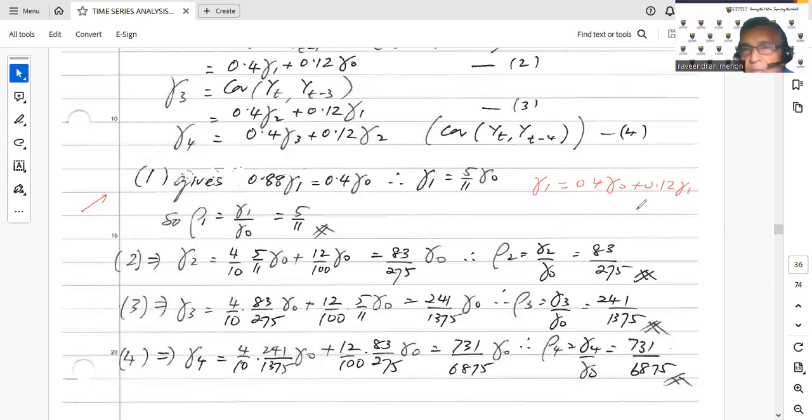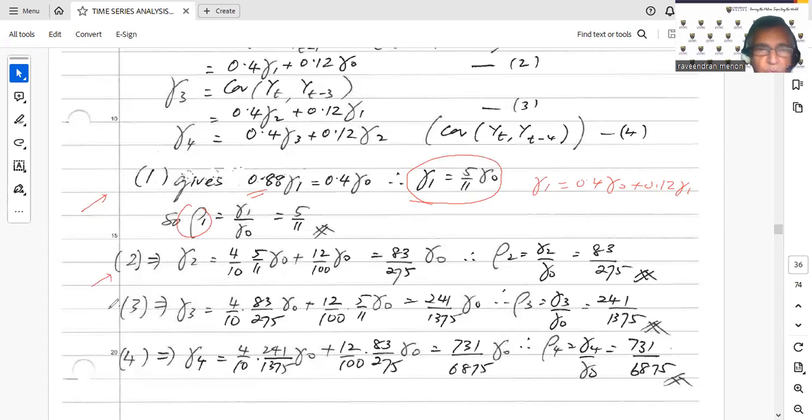I'm looking at my answer in my hand. You can clean this up a little bit, and you can see this one and this 0.12, you can already see the 0.88. Clean that up and you'll get this. So when you look at this, straight away, you know the value of rho 1: 5/11.